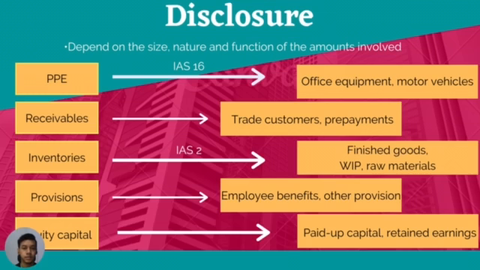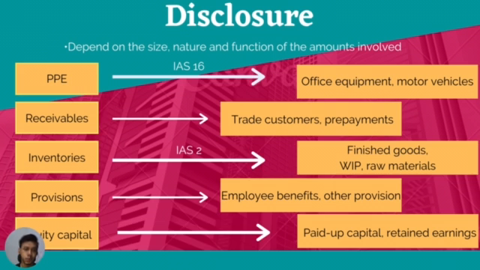And lastly, the disclosure of the items. It depends on the size, nature, and function of the amount involved. For example, under IAS 16, we have plant, property, and equipment, and we need to classify PPE as office equipment and motor vehicle.